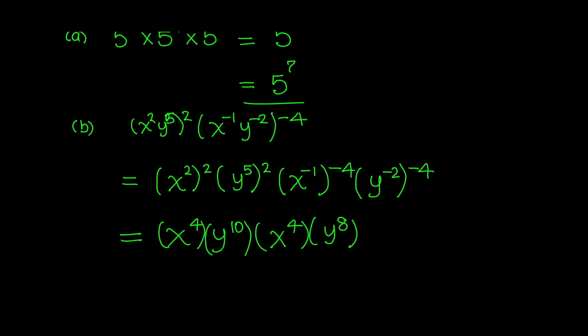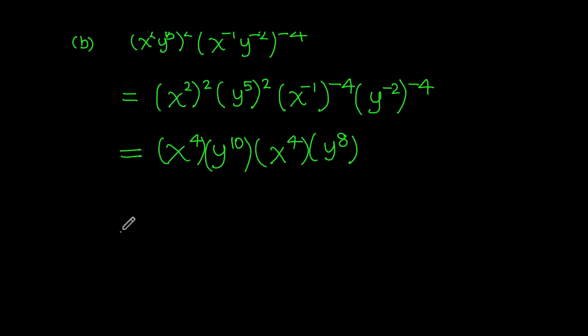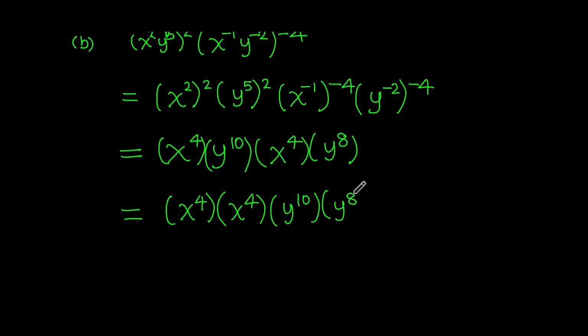Now let's bring the like terms together, x and x, then y and y. Therefore, the first one we have x to the power of 4, then we bring in here x to the power of also 4. For y, we have y to the power of 10 multiplied by y to the power of 8.